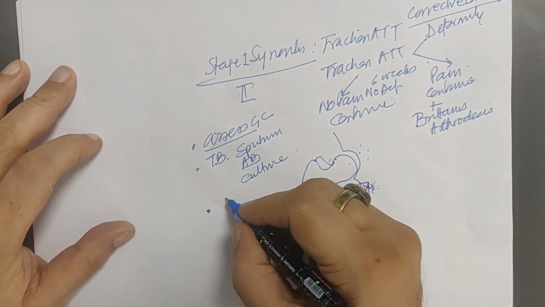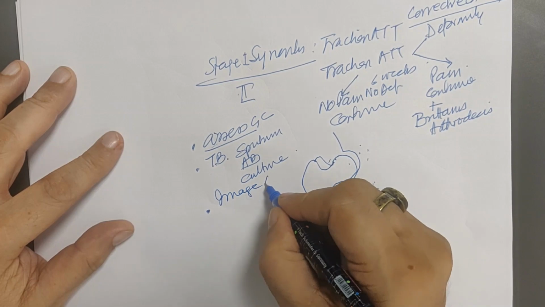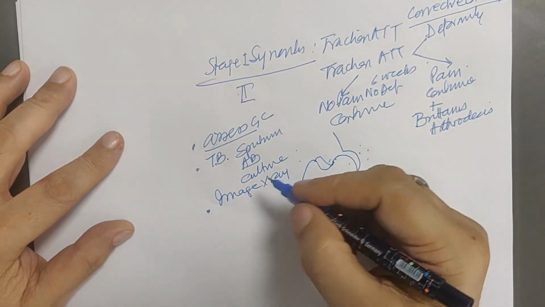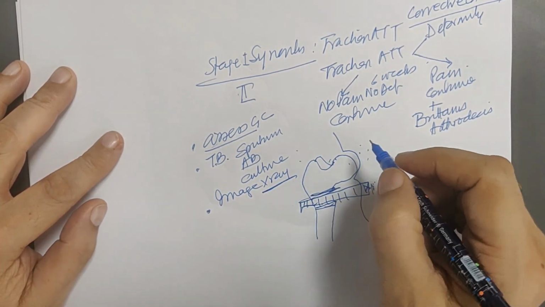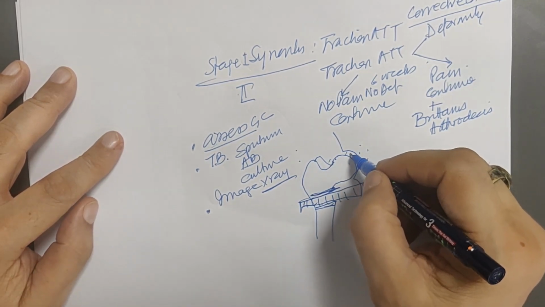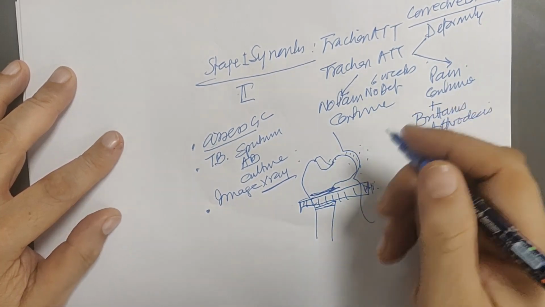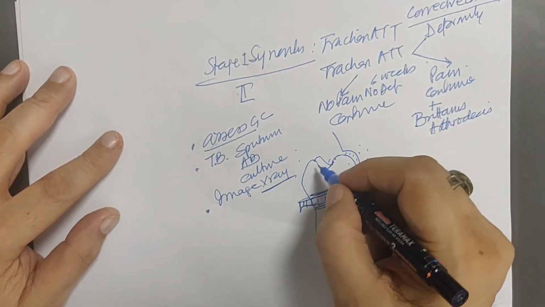Then to diagnose tuberculosis of the hip, image it by an X-ray, CT scan or MRI, but X-ray pelvis AP view with both hips in identical position would show narrowing of the joint space and wandering acetabulum. So this is imaging.